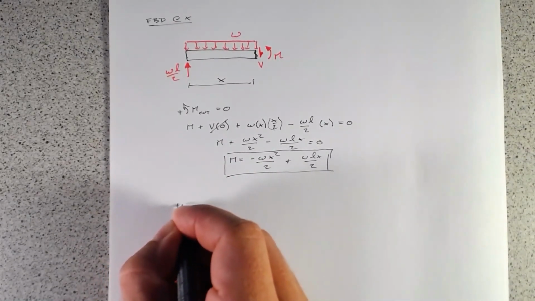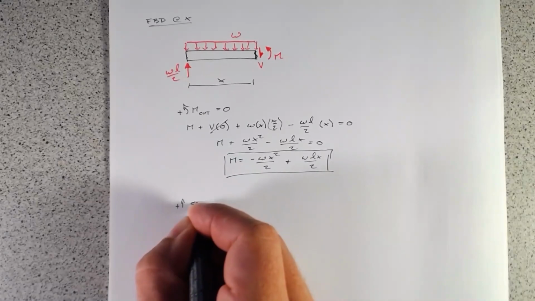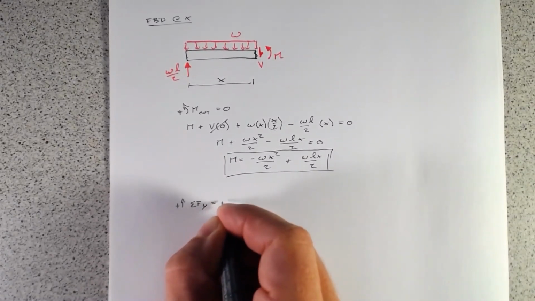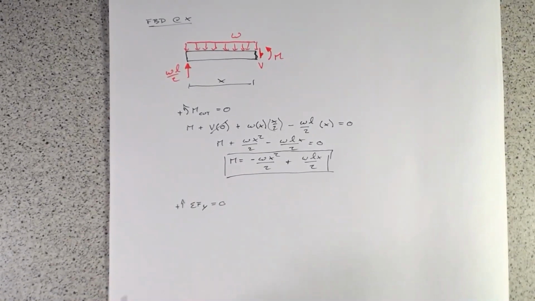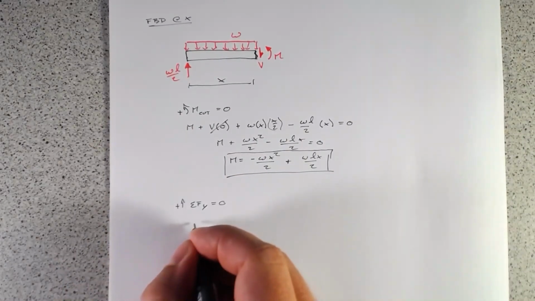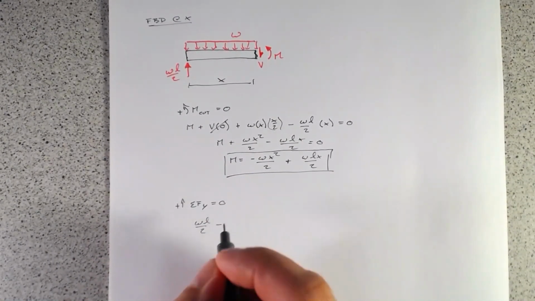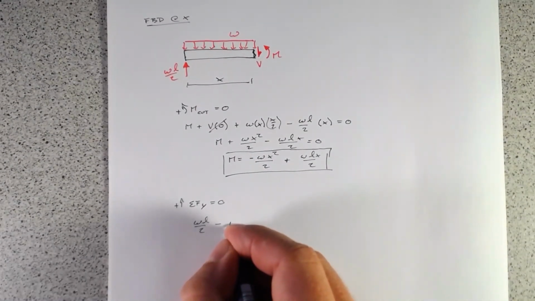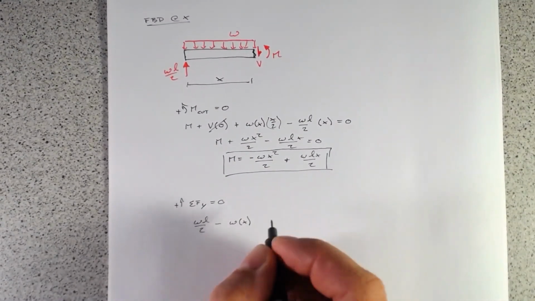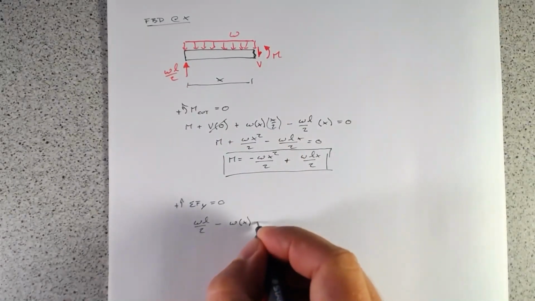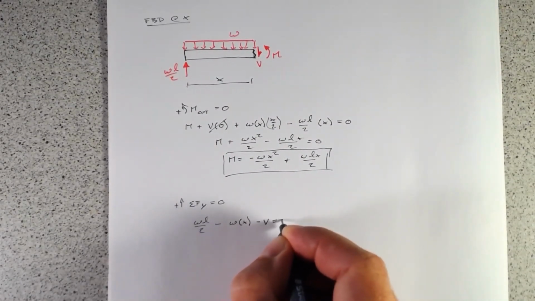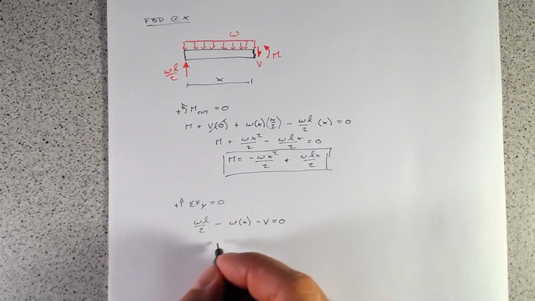So we will go sum of the forces in the y equals 0. So I have WL over 2 minus W times x minus V equals 0.